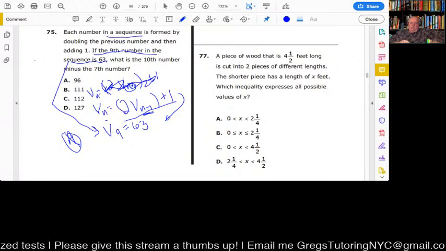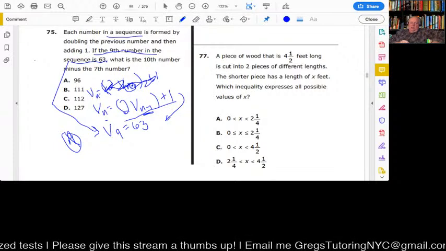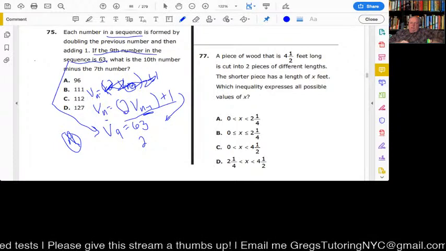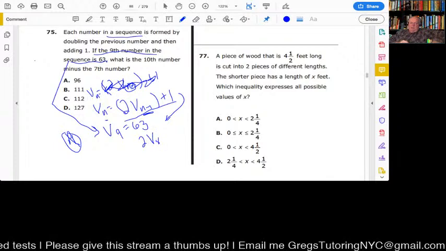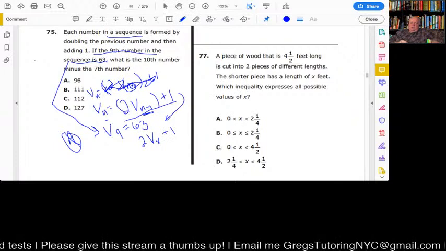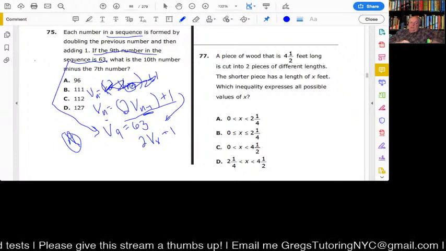So if it's looking at the value of V9, that means V9 is equal to 2 times the value of V8, plus 1. And they're telling us that's equal to 63.